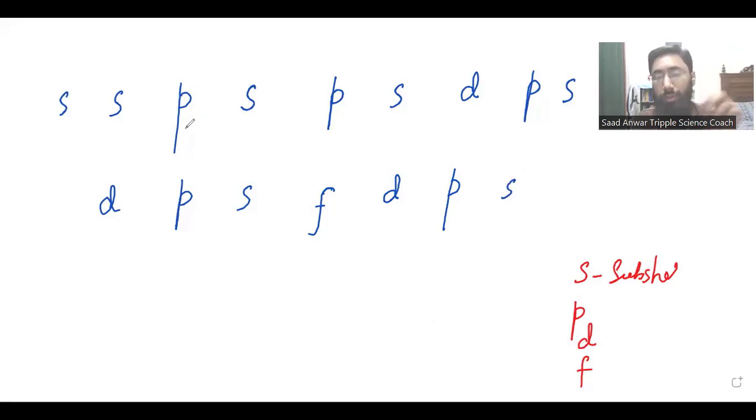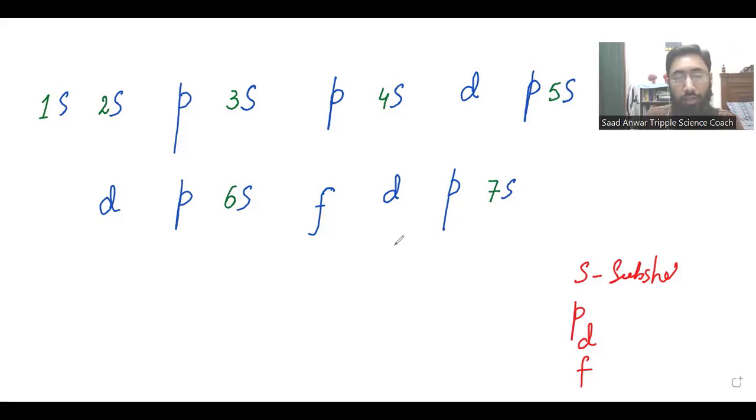School, public school, divisional public school, federal divisional public school. Now I am going to put their shell numbers: 1, 2, 3, 4, 5, 6, 7.